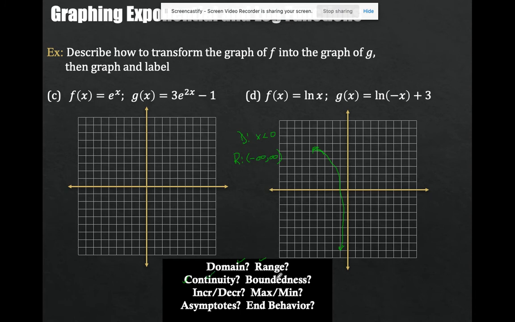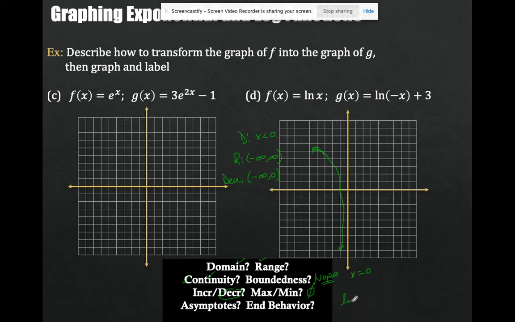Is it bounded? Look at your range. Is it bounded? Nope. Play the nope card. Increasing or decreasing? Your domain starts at -infinity. What's your range doing? Decreasing over its domain. No maxes or mins. Asymptotes, yep, that's why I labeled it.